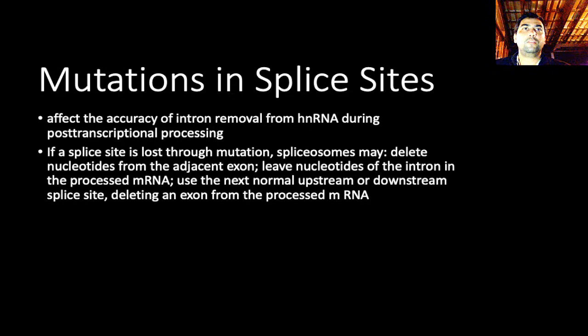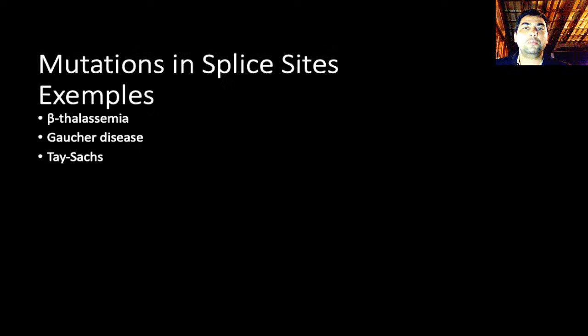If a splice site is lost through mutation, the spliceosome may delete nucleotides from the adjacent exon, leaving nucleotides of the intron in the processed messenger RNA, or use the next normal upstream or downstream splice site, deleting an exon from the processed messenger RNA.